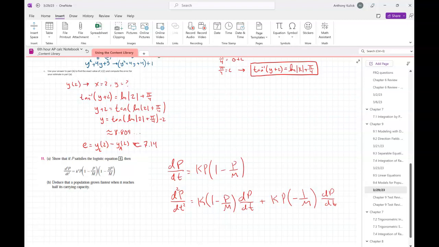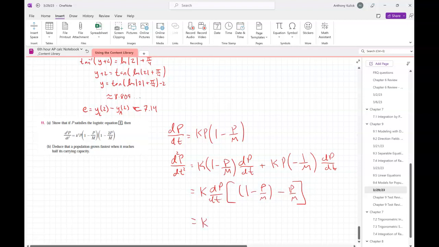So then I have to drop this guy back in. So I notice that, well, let's start here. So if I can factor out a K and a dP dt from both of these, right? Let's write it as minus P over M. Agreed?